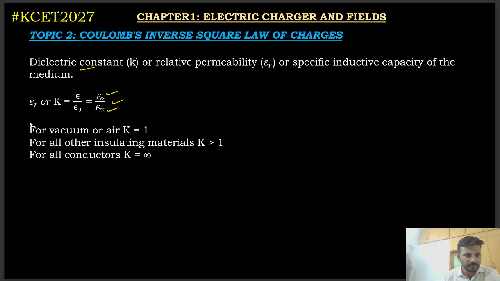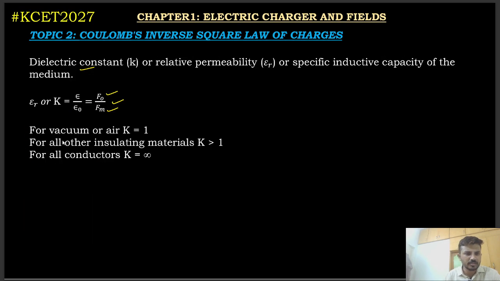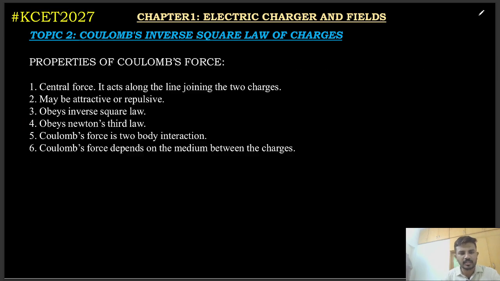Here we have the value of the dielectric constant for vacuum, for insulating materials, and for conductors. This is very important for competitive examinations. Clear? I'll move to the next slide.